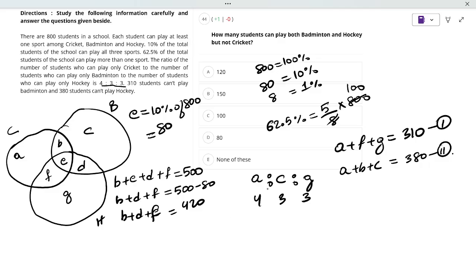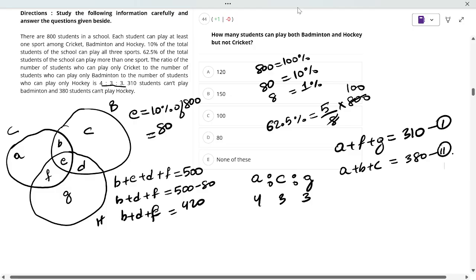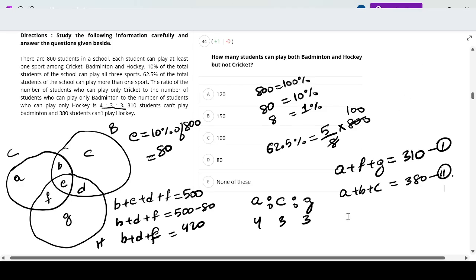So we have A here, C here, G given in terms of ratio. Alright, F plus G. Yeah, let's give it a try again.